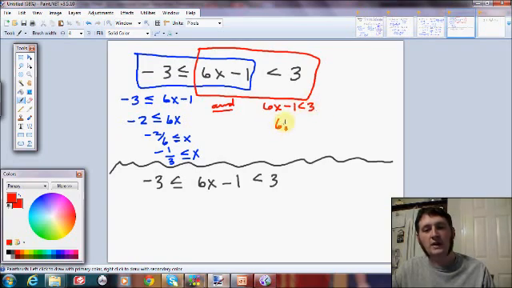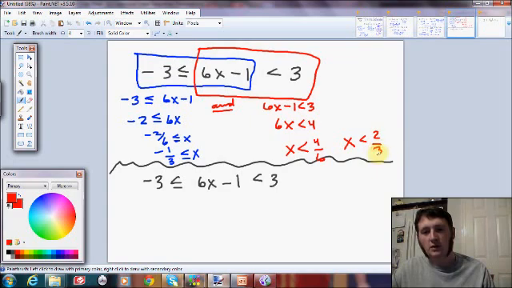Add 1, 6x less than 4. Divide by 6, x less than 4/6, which we should know reduces to 2/3.